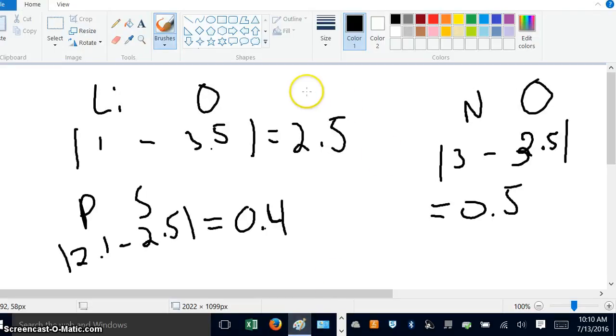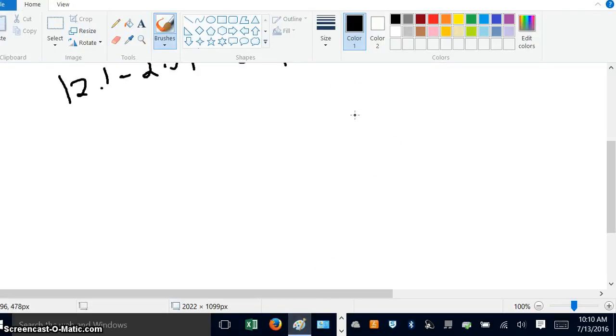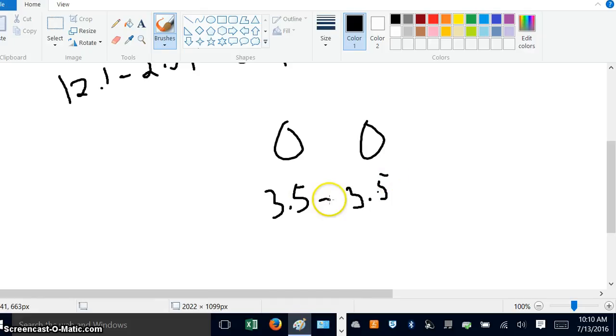What if we had oxygen bonded to itself? We know that oxygen is 3.5, and here's another oxygen, 3.5. The absolute value of the difference, and this is true for anything bonded with itself, is 0, right?